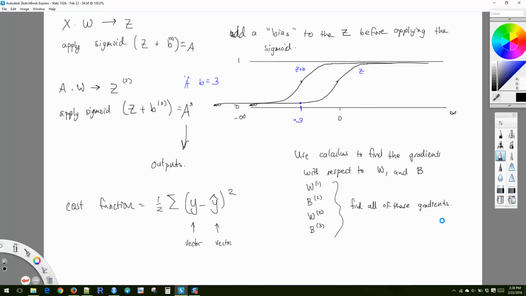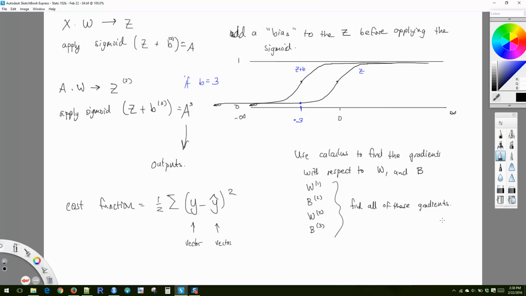Once we calculate all of those gradients, then we can apply gradient descent. Now, we could go naively and just apply this to the full data set, but this will be very computationally expensive because there's 60,000 rows.